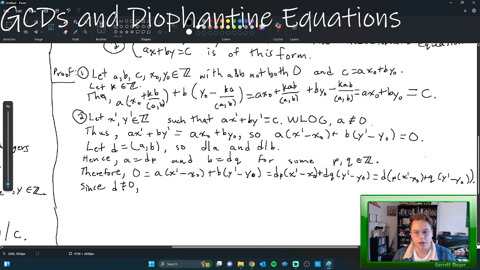And because of that, the product must be 0, so one of these two must be 0. Since d is not 0, the other one must be 0. So this means 0 equals p(x' minus x0) plus q(y' minus y0). Okay.